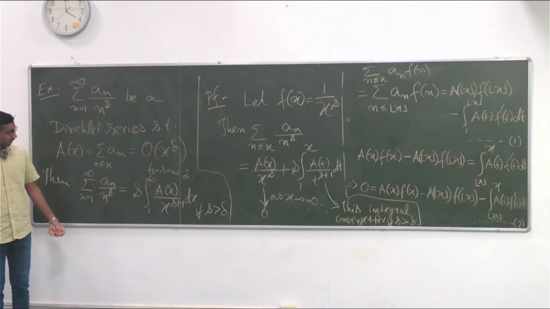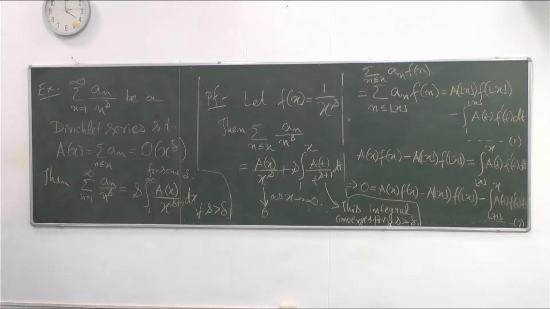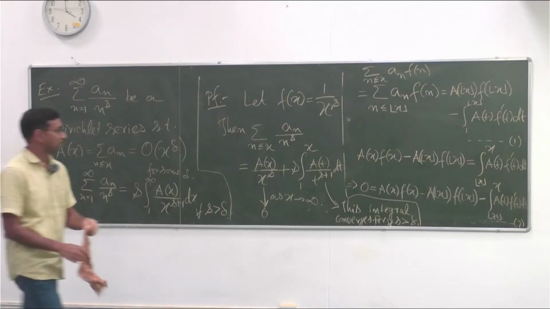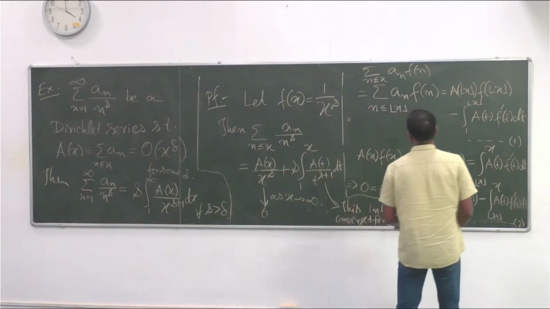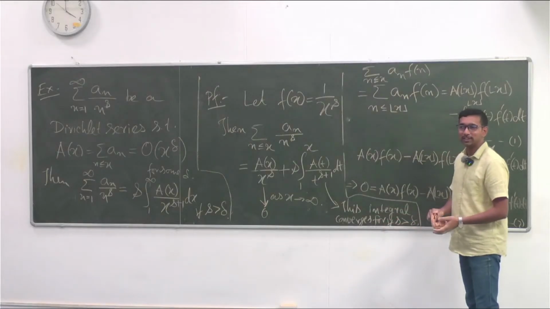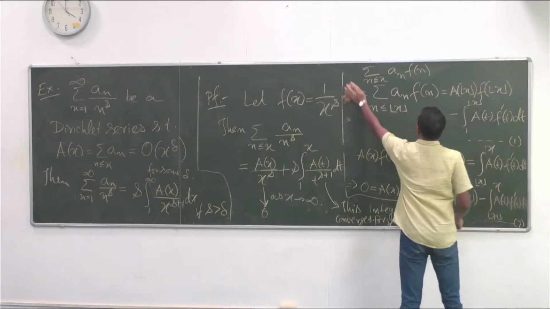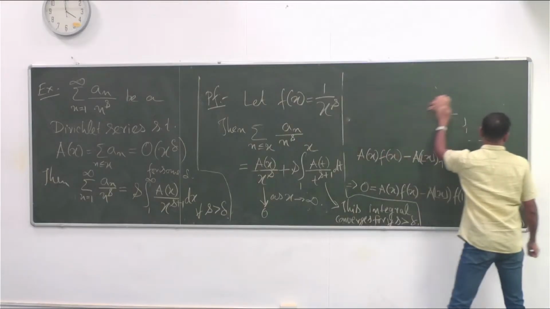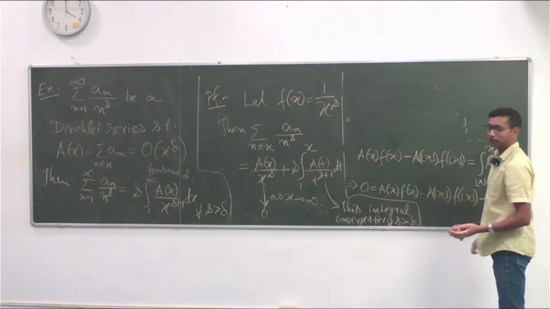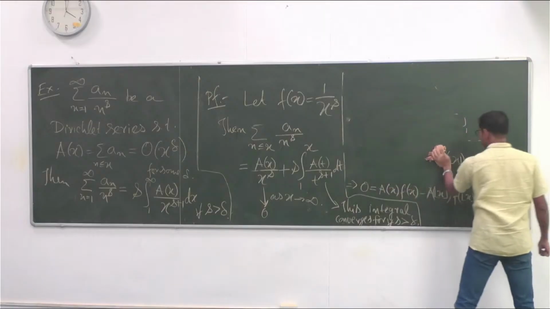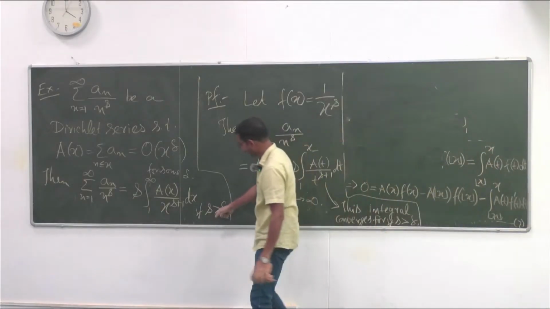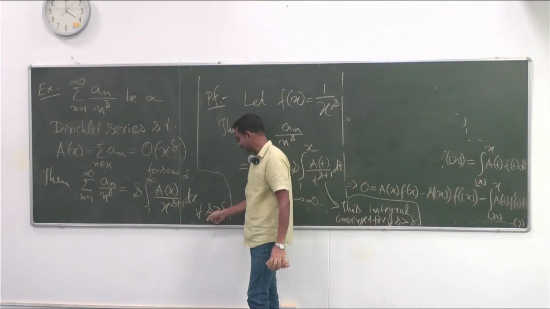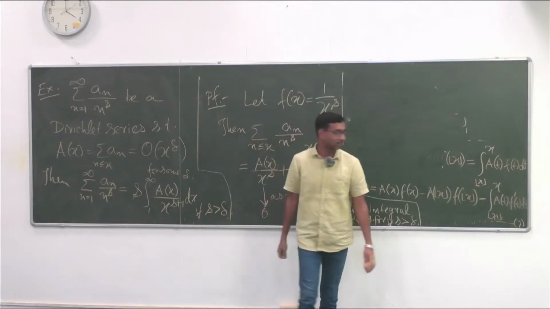And can you conclude from here that this converges on some half plane, or do we need a stronger condition on this? Yesterday we saw about convergence of the Dirichlet series, right? What is the convergence condition? Was it if it converges on some point? Here we are taking s greater than delta. So we would like to replace this s with real part of s greater than delta.